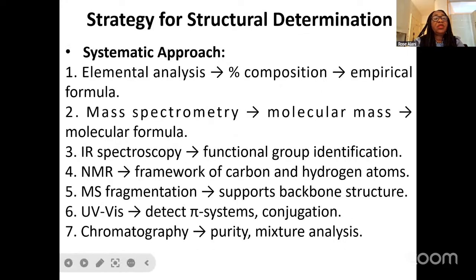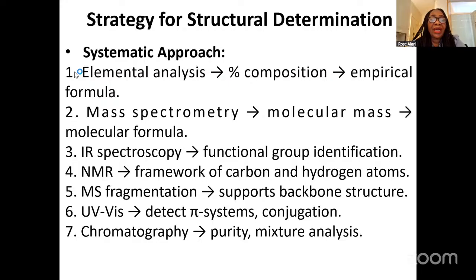So the systematic approach that is used for structural determination is what I'm showing you here now. First of all is elemental analysis. You know the percentage composition, you know the empirical formula, and then with the mass spec, you're able to know the molecular mass, the molecular formula.